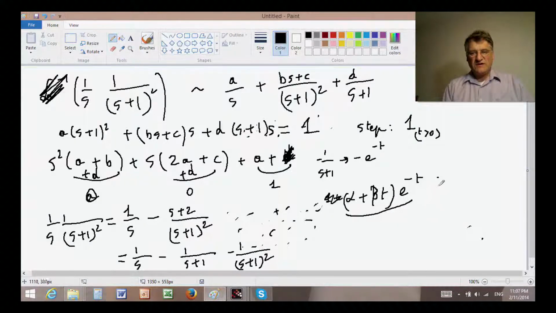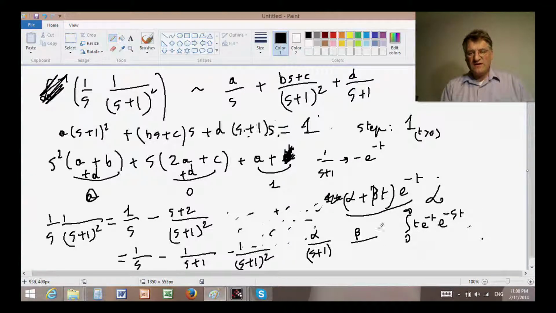Its Laplace transform will look like alpha over s plus 1, and then beta times the Laplace transform of t e to the minus t, which is the integral from 0 to infinity of t e to the minus t e to the minus st. Well, by means of integration by parts, we will get exactly 1 over s plus 1 squared.